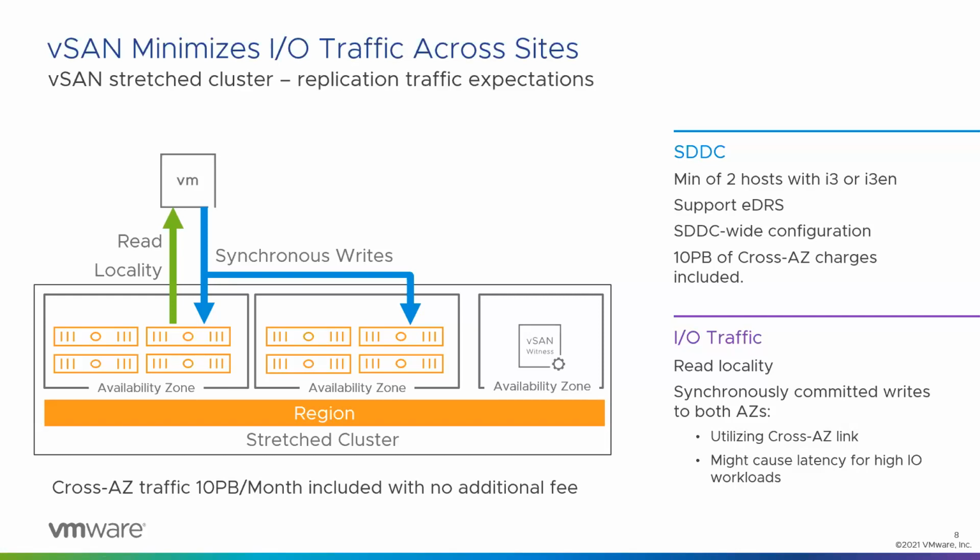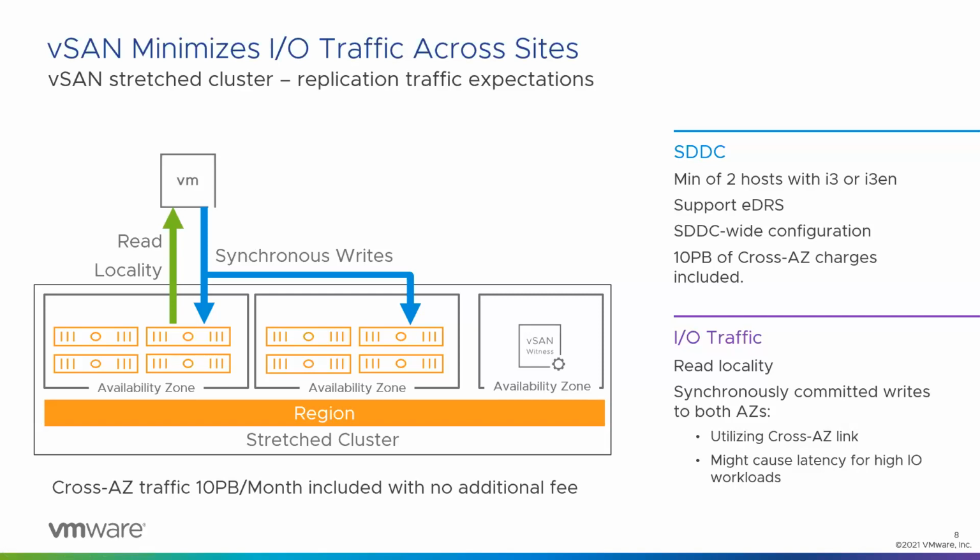And by the way, stretch cluster only provides redundancy between two AZs. It also requires a third AZ to be available in a particular AWS region, right? However, you cannot configure stretch cluster between 3 AZs. What does it mean for you? First of all, stretch cluster always replicates all writes using synchronous replication.